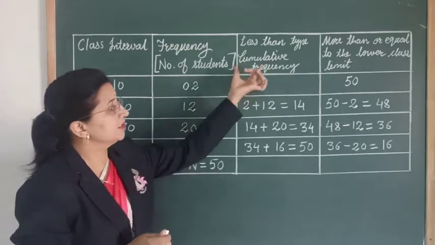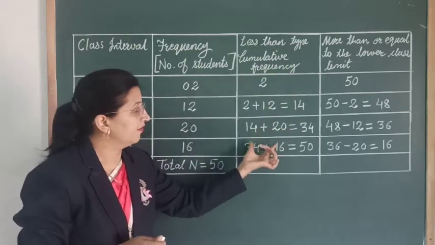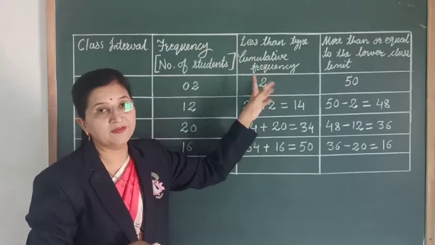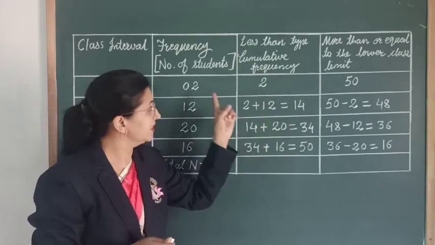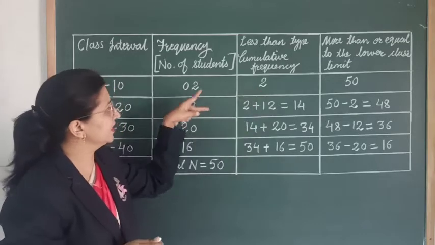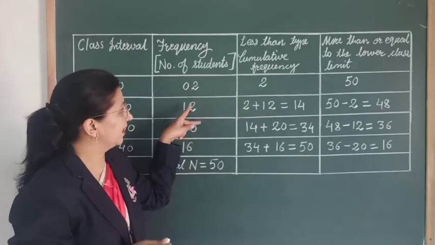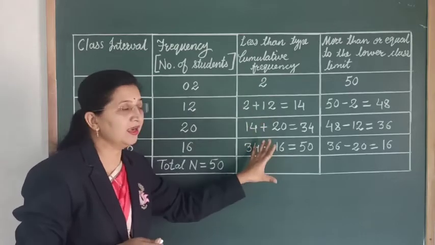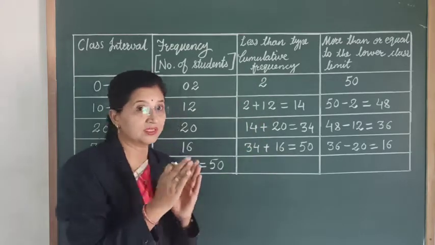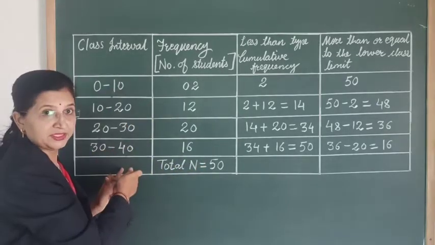So dear students, this type of frequency table is called the less than type cumulative frequency. In this the first frequency is as it is, then the second frequency is the sum of the first two, like that, then the third, like that we can complete the less than type cumulative frequency. Here we have to consider the upper limit.